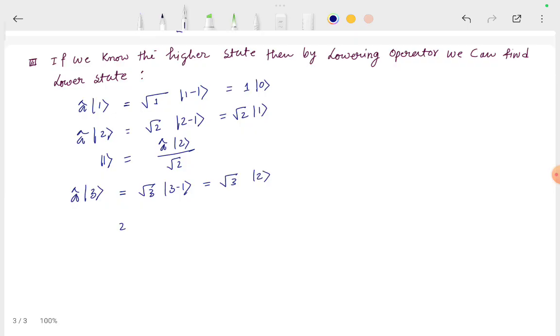So ket 2 equals a ket 3 upon root 3. Okay, so there is no problem.